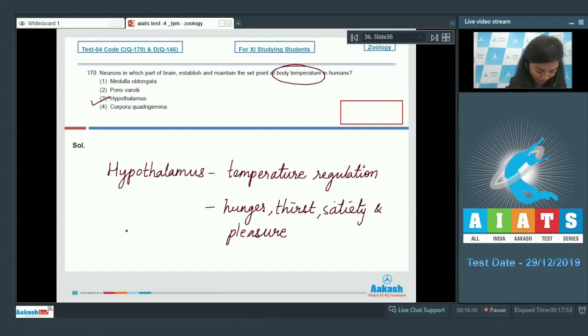Medulla oblongata harbors centers for controlling vomiting, respiration, etc. Whereas pons varolii is part of brainstem and corpora quadrigemina is situated in the midbrain. The correct answer here would be option number 3, hypothalamus.